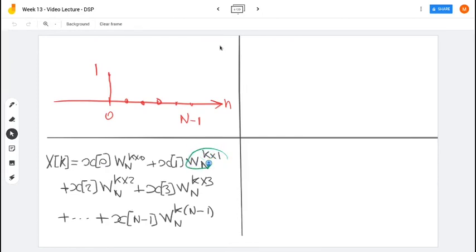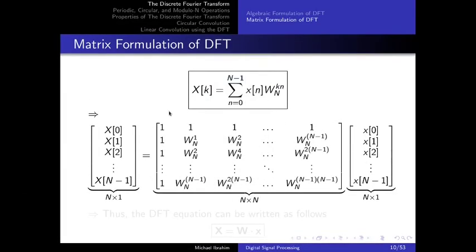And plus x of 2 times wn to the power 2 plus x of 3 times wn to the power 3 until we reach the last sample x of n minus 1 times wn to the power n minus 1. So if we go back over here, the second row will be 1, wn to the power 1, wn to the power 2, until we reach the last one, which is wn to the power n minus 1. When this row is multiplied by this column vector, we will get x capital of 1.